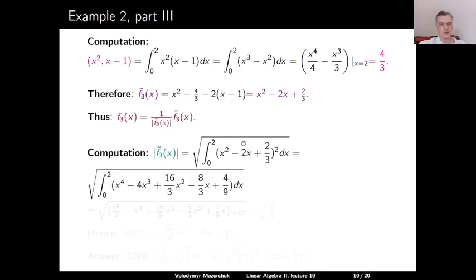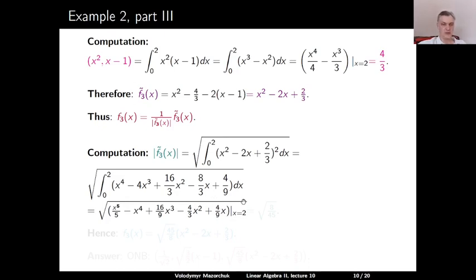So now we can compute that the square of this polynomial is x to the power 4 minus 4x to the power 3 plus 16 divided by 3 x to the power 2 minus 8 divided by 3 x plus 4 divided by 9. And so the integral itself will be the evaluation at x equal to 2 of the function x to the power 5 divided by 5 minus x to the power 4 plus 16 divided by 9 x to the power 3 minus 4 divided by 3 x to the power 2 plus 4 divided by 9 x.